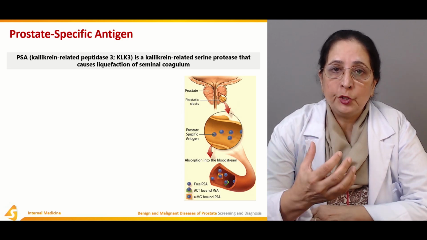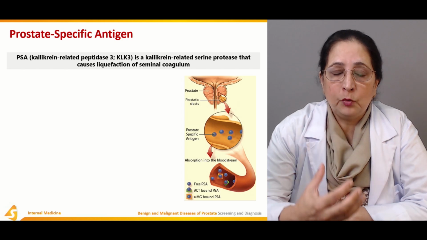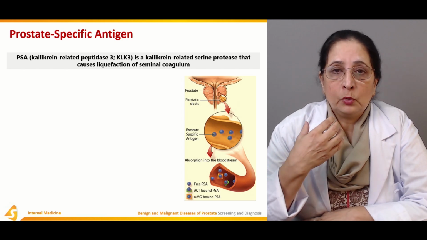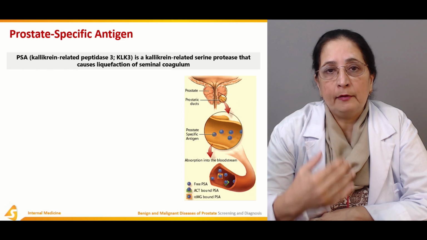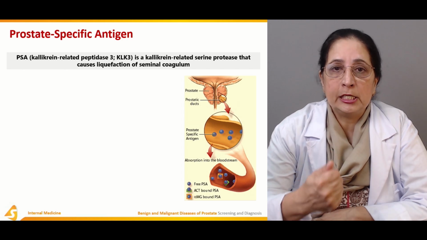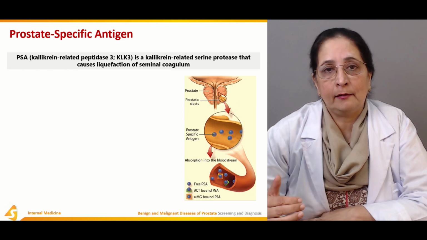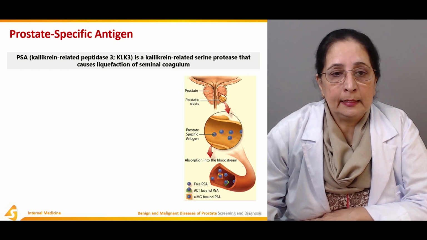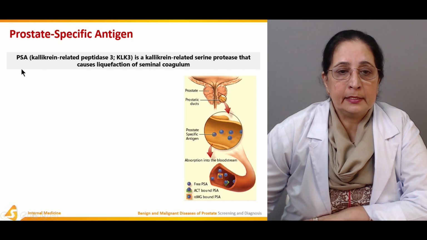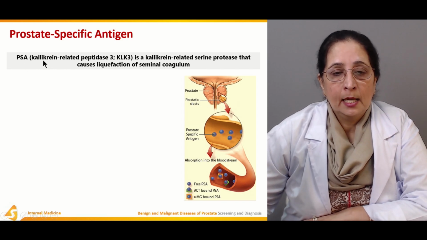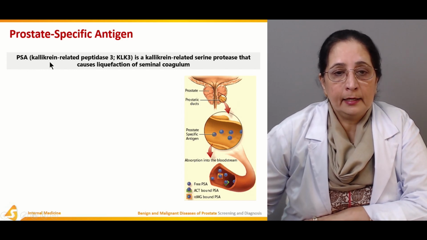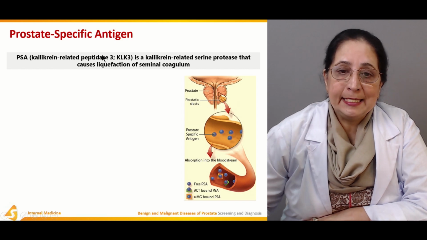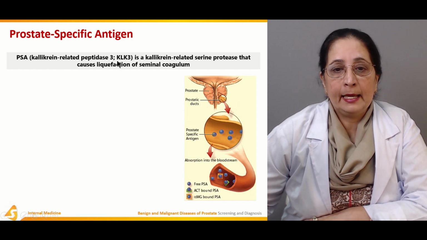As the name shows, it is specific to the prostate gland, so any change in the level of prostate-specific antigen tells us there is an abnormality or problem in the prostate gland. Prostate-specific antigen is kallikrein-related peptidase 3.